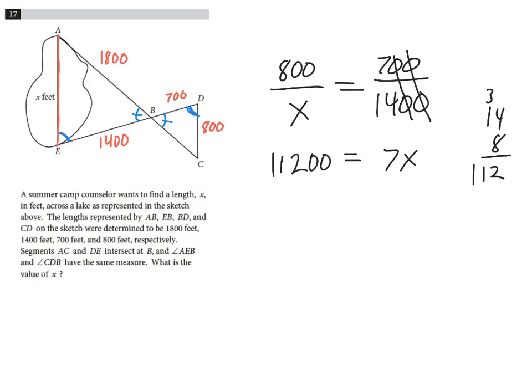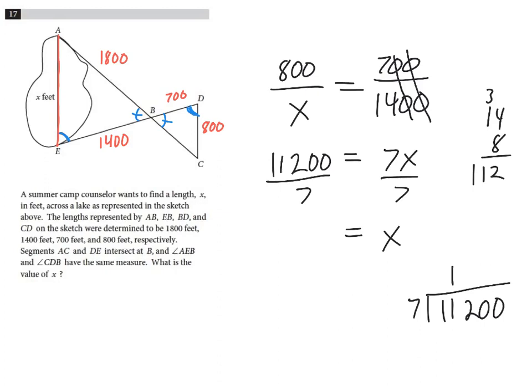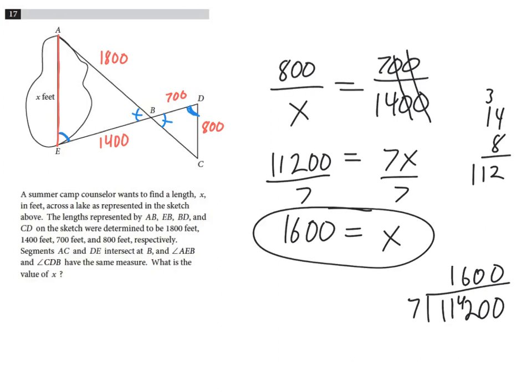Okay, so now I need to divide by 7. I get x equals, well, I'm going to do a little scratch work down here. 7 goes into 11 once with a remainder of 4. And that goes 6 times evenly, 0, 0. So it looks like x is going to be 1,600 feet.